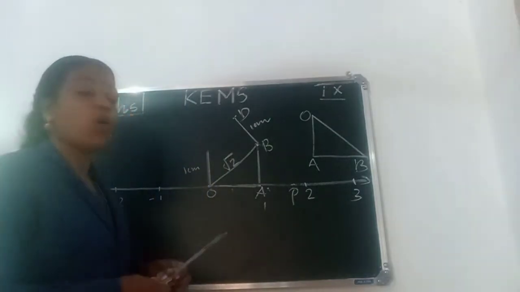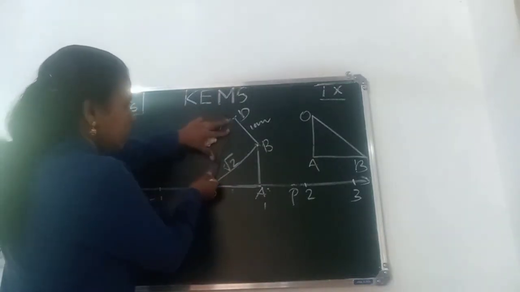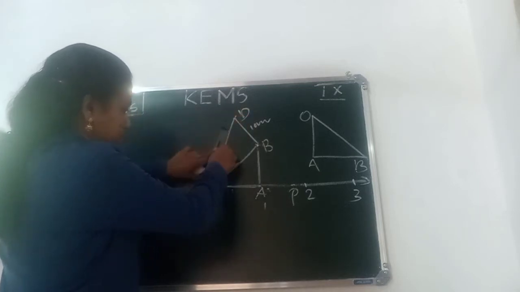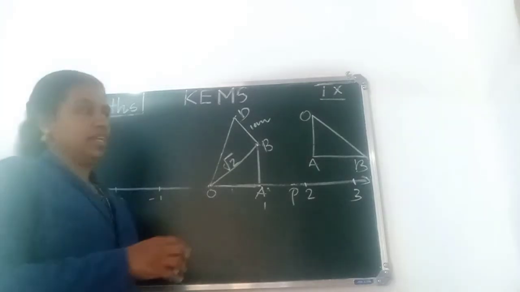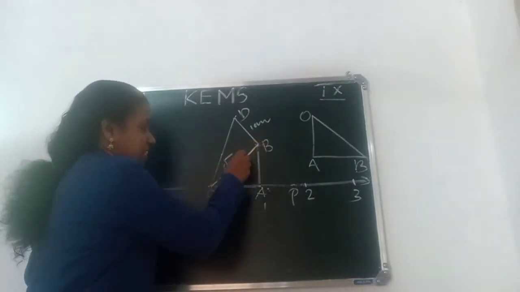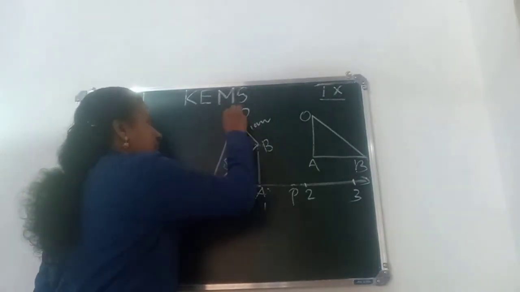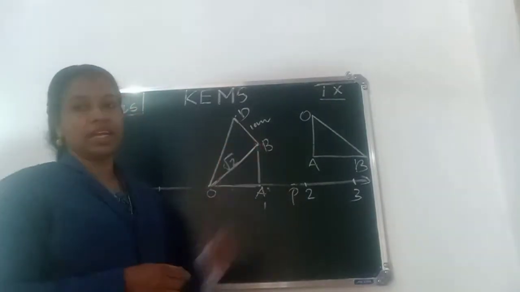Now join O and D. Again, we get a right angle triangle, and this OD is the longest side of the right angle triangle OBD.